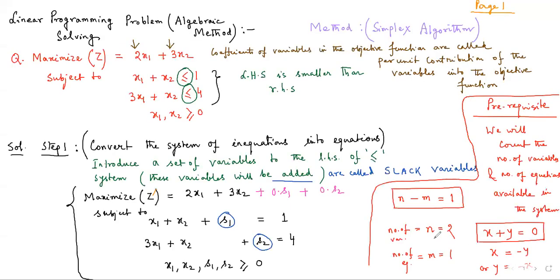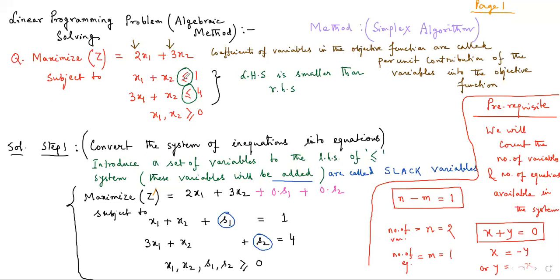So why can we use S1 and S2? Basically, what is the function of S1 and S2? The function is to make these inequalities equalities. That is the simple thing that I'm going to do. This system is definitely a disbalanced system, and therefore it needs to be balanced.